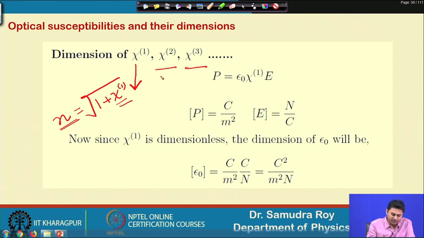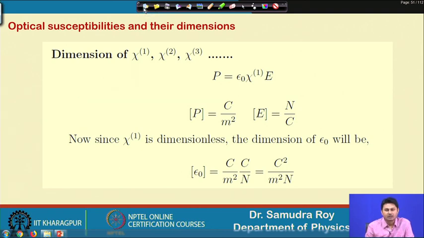But what happens when chi 2 and chi 3 are there, one has to investigate. Okay, so let us do that. This is not a very critical thing to understand. So, let us start with the first order polarization or the linear polarization.